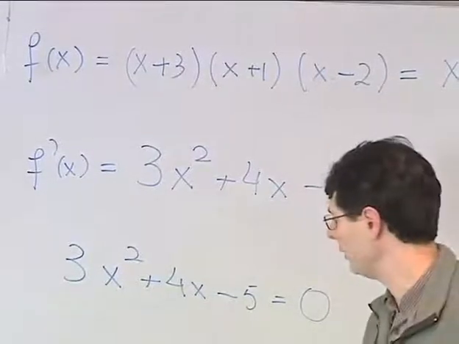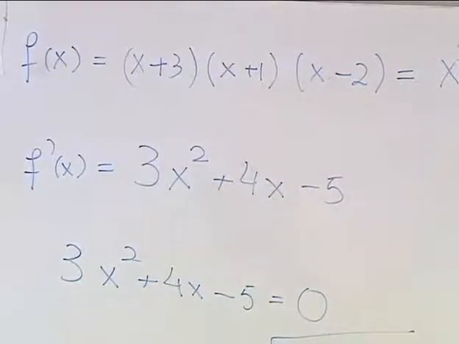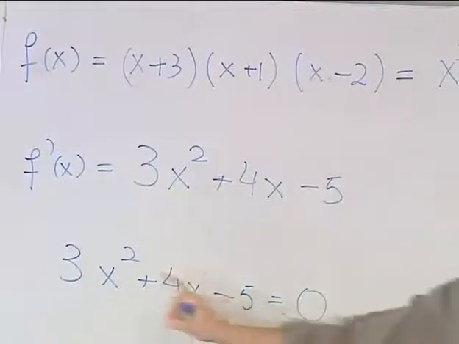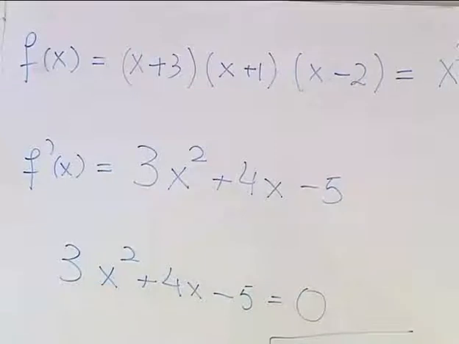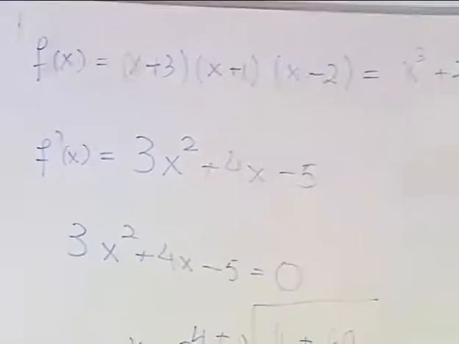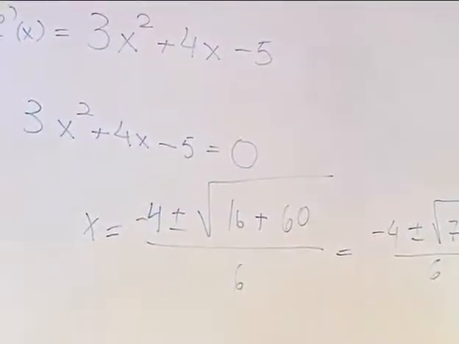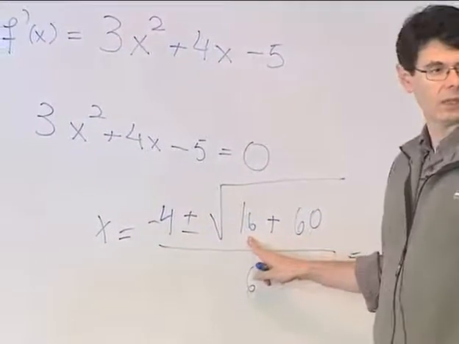So let's see. X is equal to negative 4 plus or minus the square root of 16 plus 4 times 5 is 20. 20 times 3 is 60, divided by 6. So this is negative 4 plus or minus the square root of 76 divided by 6. Oh, fantastic. Now let's see. 16 is 4 times 4.